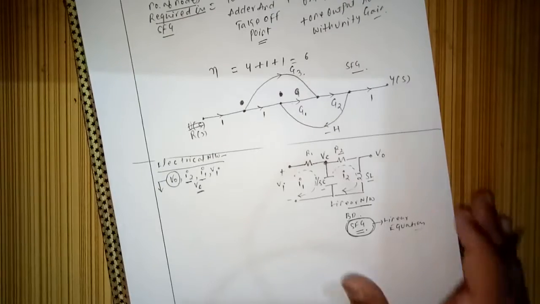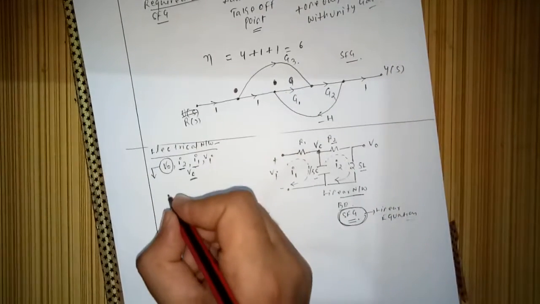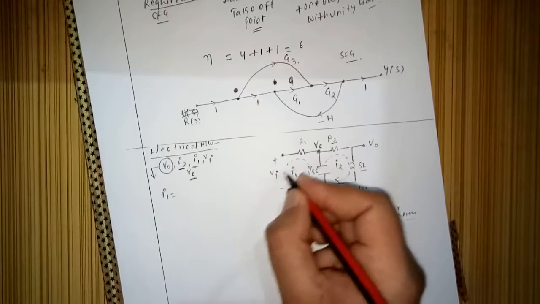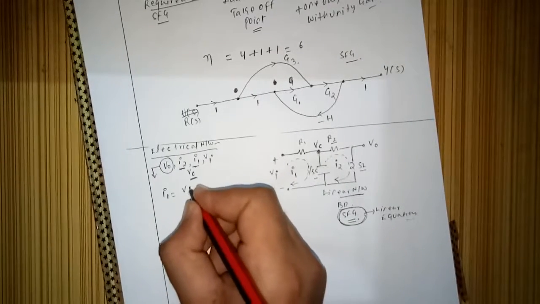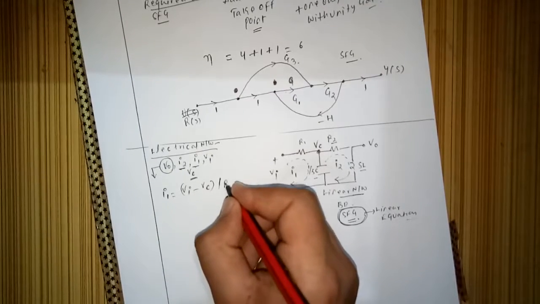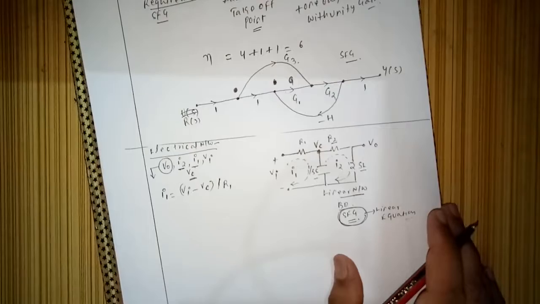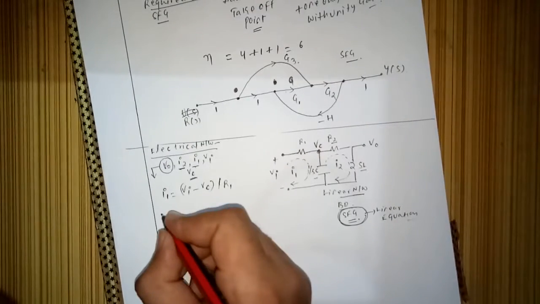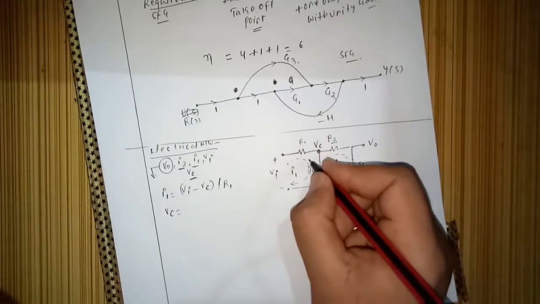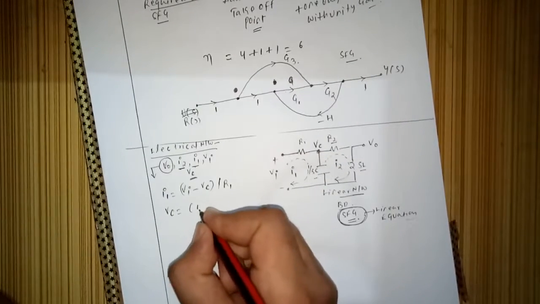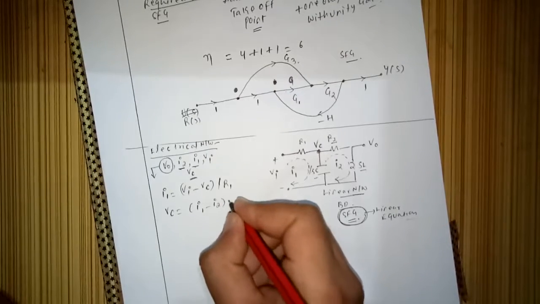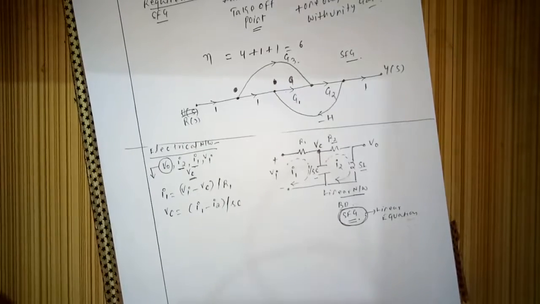So first of all, let's write I1. I1 will be equal to Vi minus VC, divided by R1, right? And VC I can represent as the current flowing in this direction, I1 minus I2, by SC, right?